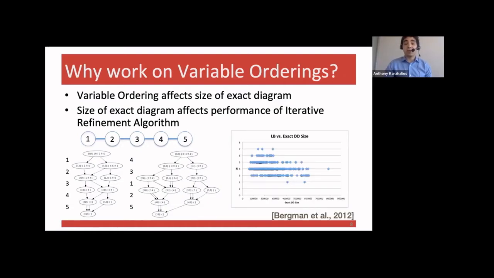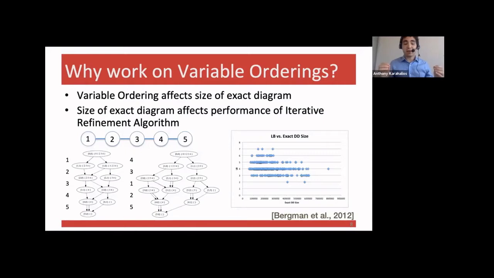Now, the size of the exact decision diagram is going to affect the performance of our iterative refinement algorithm. We show this via an experiment that we ran, similar to one that was run by Bergman et al. that showed a similar result, where we chose 300 different variable orderings. We randomly generated these variable orderings, and on a single graph instance, we used Jean, which is a graph instance in the DIMACS set.